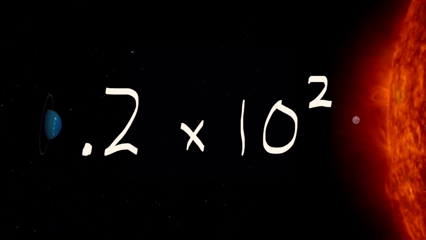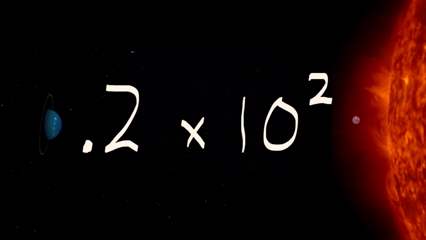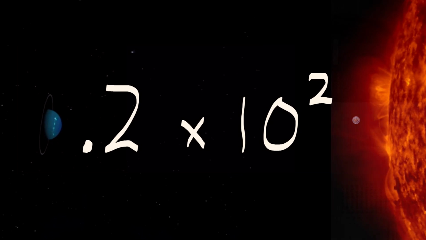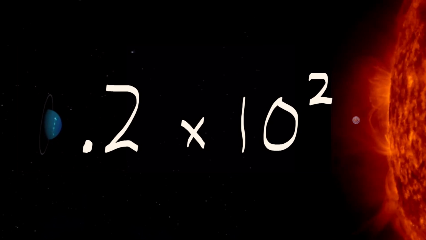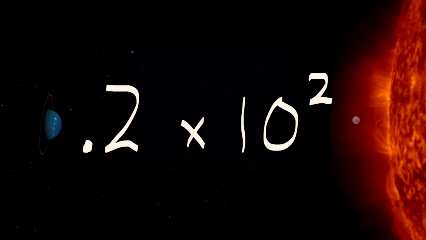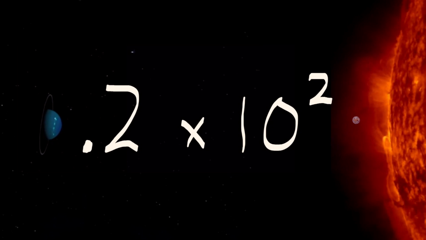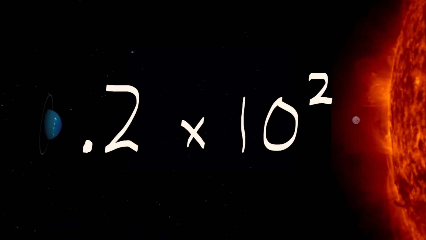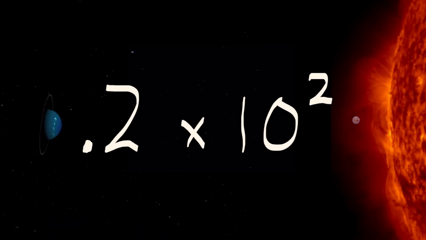Is that the answer? Nope. It's not finished because our answer is not in scientific notation. Do you see the problem? Hopefully you see that this 0.2 must be changed. Why? Because scientific notation always has a non-zero whole number before the decimal.